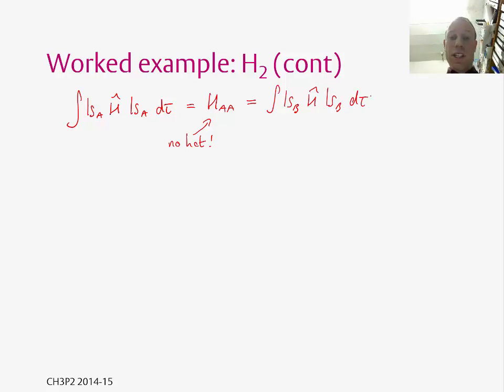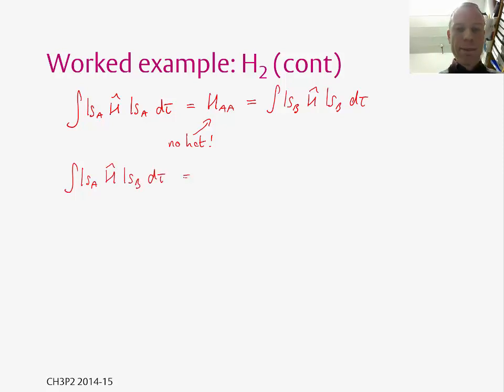The other simplification I'm going to make is to call the integral 1sa H hat 1sb d tau HAB. And because atoms A and B are the same, this is also the integral 1sb H hat 1sa d tau. So we've now got two terms to simplify it.